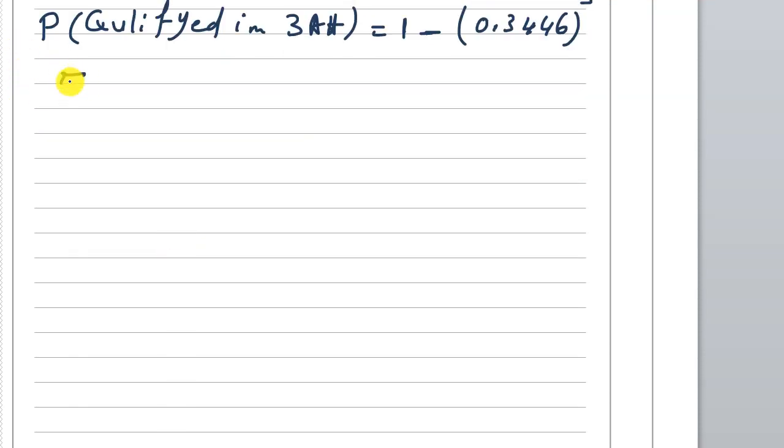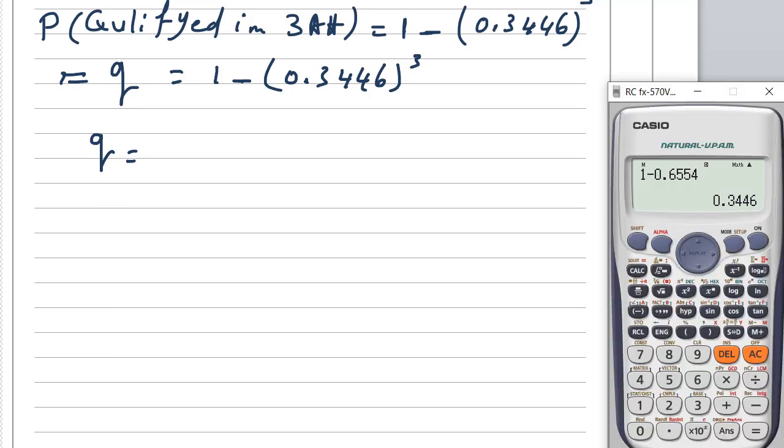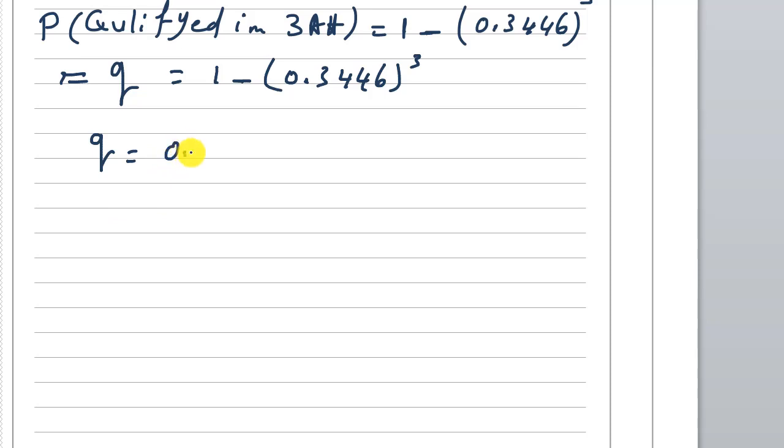So this part is equal to Q, which is equal to 1 minus 0.3446 to the power 3. So Q is equal to, let us find this value, 0.9590.